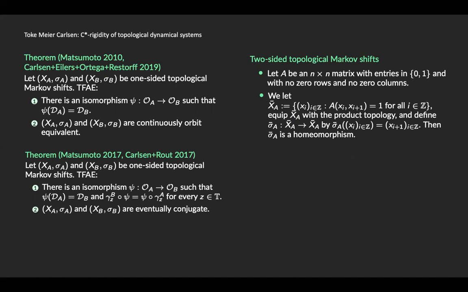And then when you stabilize, you get a crossed product in the usual sense. So is there a relation between that and using two-sided topological Markov shifts as opposed to one-sided? Well, I guess there's a relation with it, but it's not obvious, and I don't understand it very well.